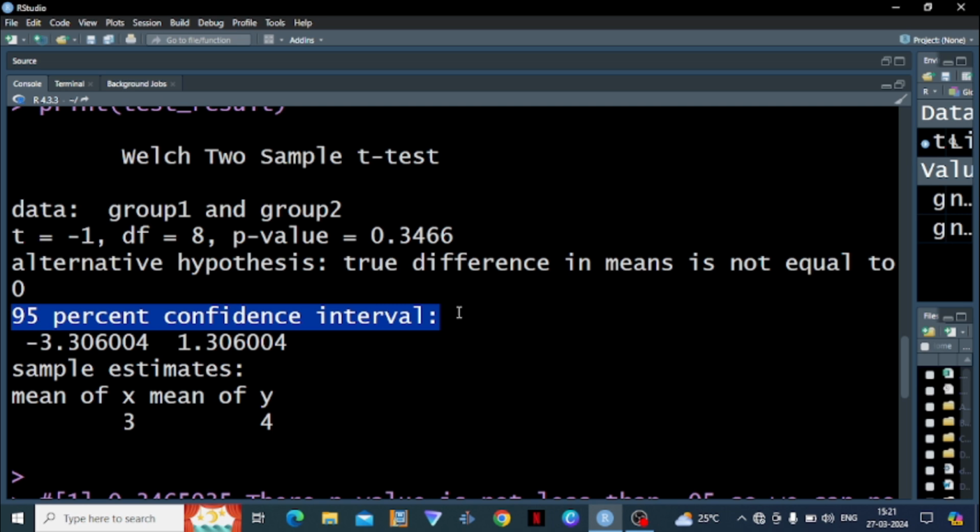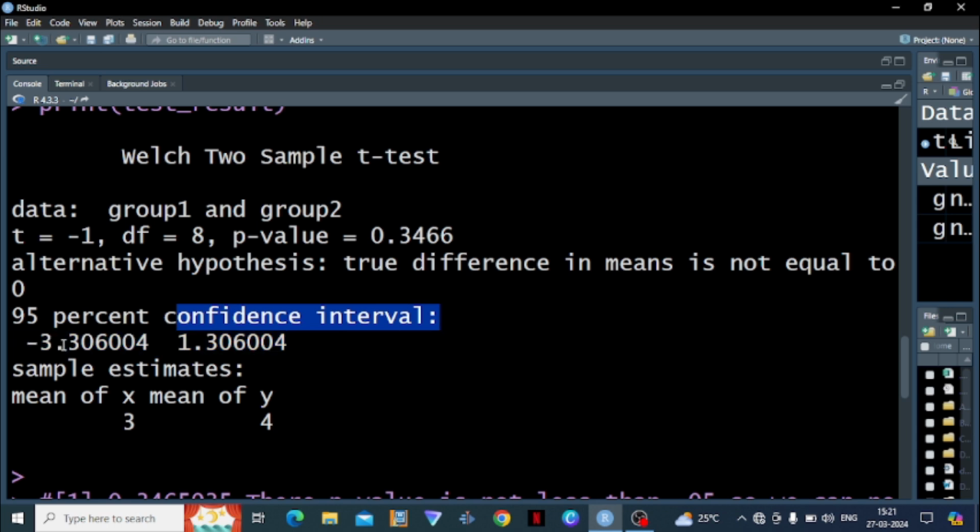So let us take the other parameter also, for validating our result. The p-value has failed to reject the null hypothesis. But what about the confidence interval? It is also failing to reject the null hypothesis.